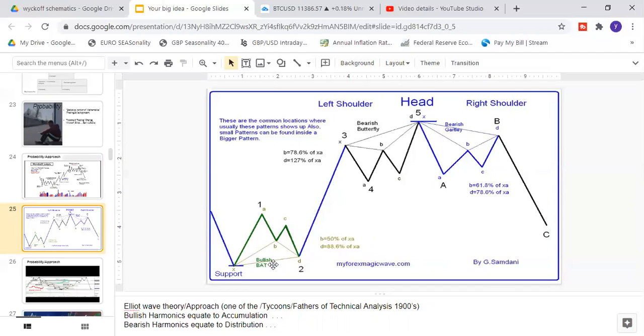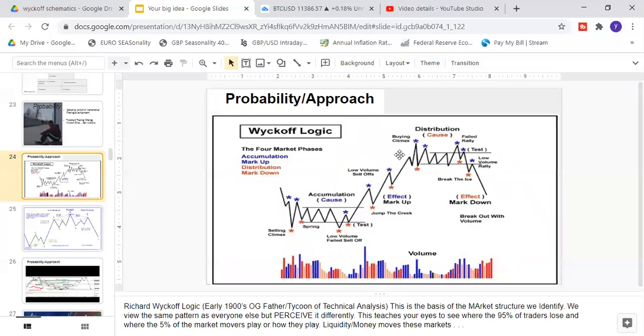But you see, it's the same thing. Everybody's looking at the same thing. It's just synonymous. Bullish bat is to accumulation as accumulation is to bullish bat. Distribution is to bearish head and shoulders as head and shoulders and bearish harmonics are to distribution.